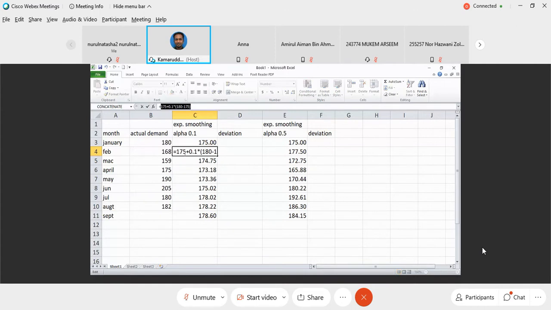Kita akan masukkan dahulu 175 ditambah dengan nilai alfa 0.1 darab actual demand tolak forecast data pada bulan Januari tersebut, maka kita akan dapat nilai sebanyak 175.5. Jadi kita akan ulang proses ni sehingga habis.